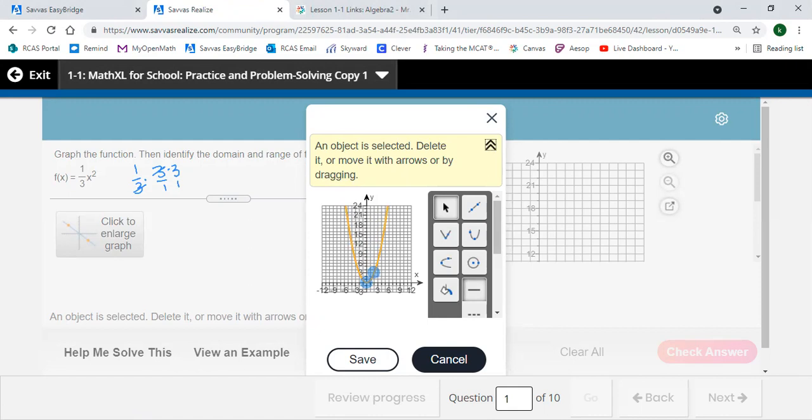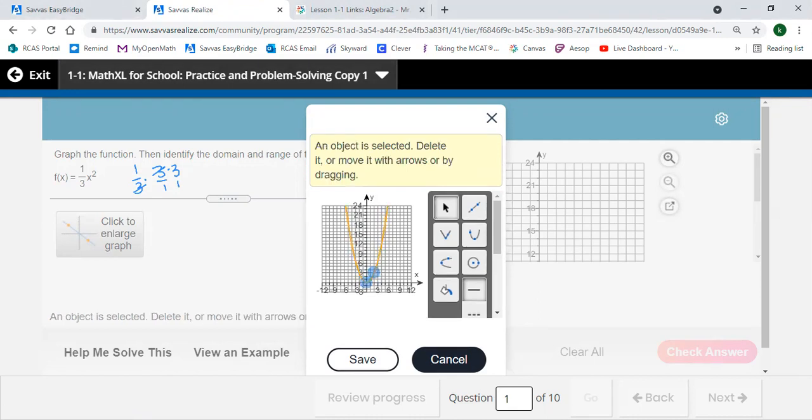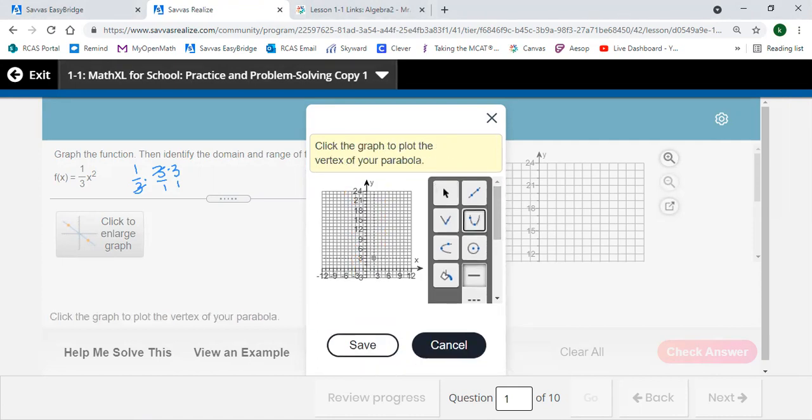So I'm going to hit the delete key, see if that takes it out. Let's click that and hit the backspace or delete. Okay, there we go, got it cleared. That was the delete button on my keyboard I had to use.